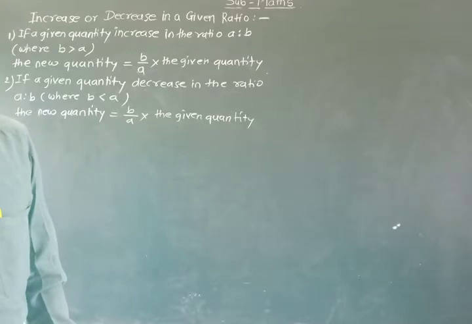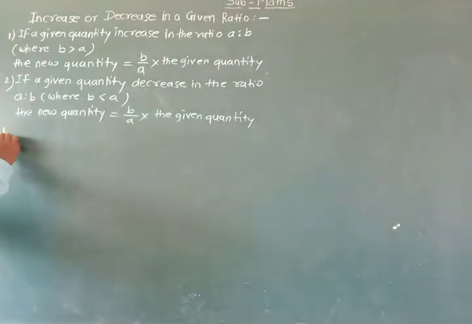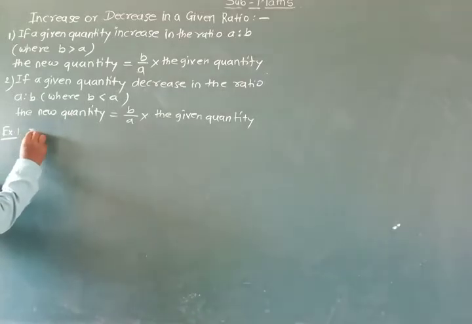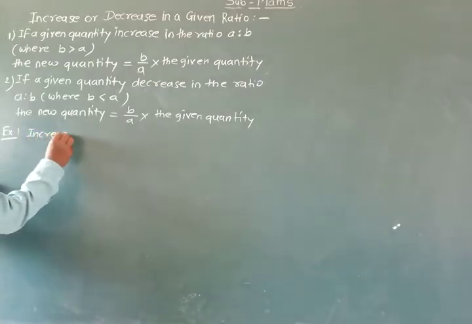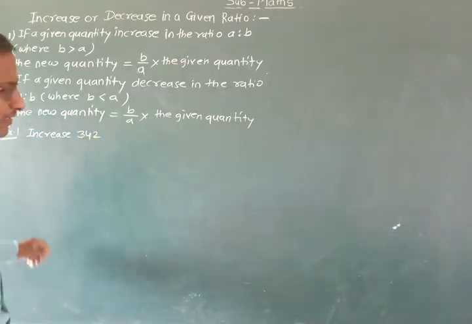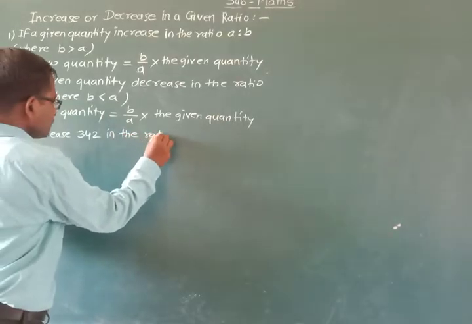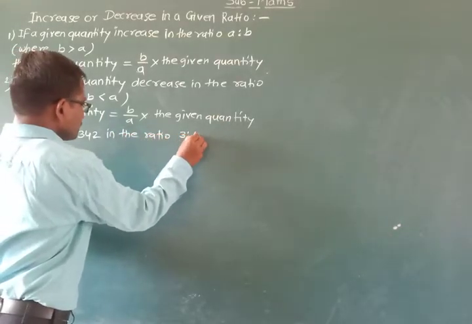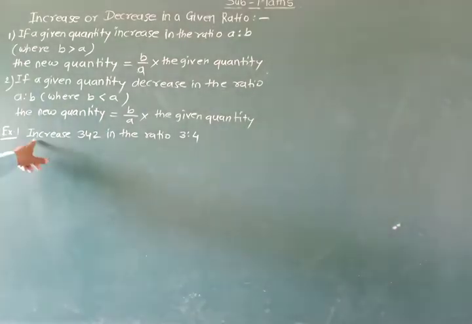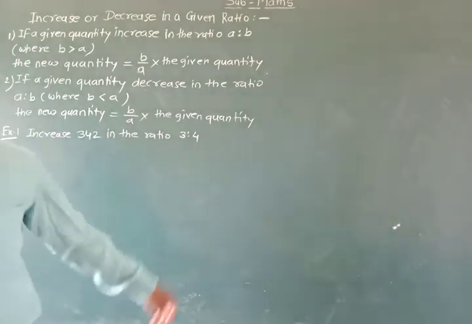So from an example you will understand this better. Example first: increase 342 in the ratio 3:4.